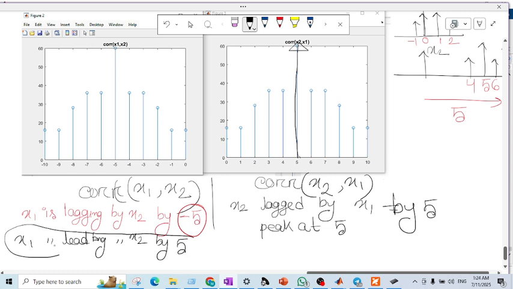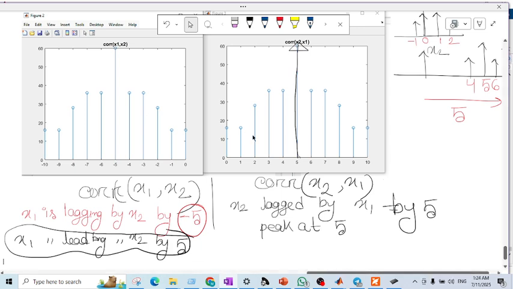So by this I can say that x1 is not actually lagging, as in the correlation I get a peak at -5. That means x1 is leading. But here we assume that x2 is lagging and we get a peak at 5. Yes, so x2 is lagging. So by using cross correlation between these two shifted signals, we can understand how much shifted these signals are.